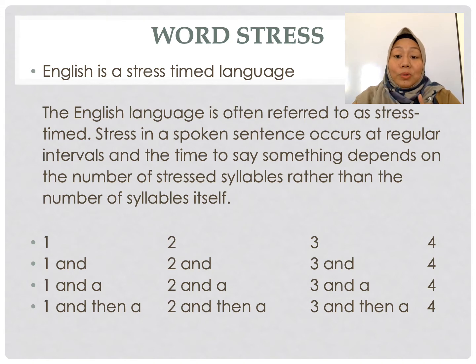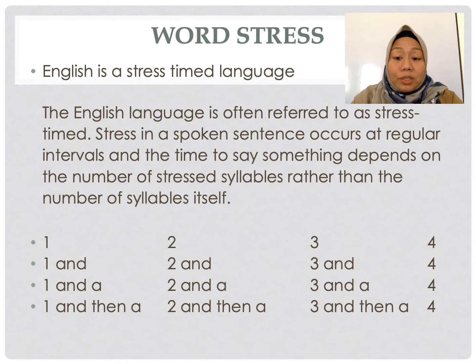So there are two kinds of language based on the timing it is pronounced, which is a stress-timed language and a syllable-timed language. Okay, let's take Bahasa Indonesia as an example of a syllable-timed language.